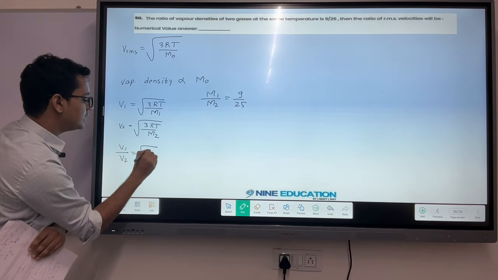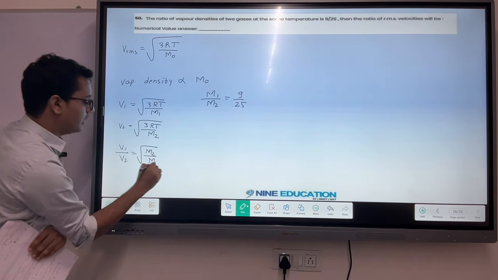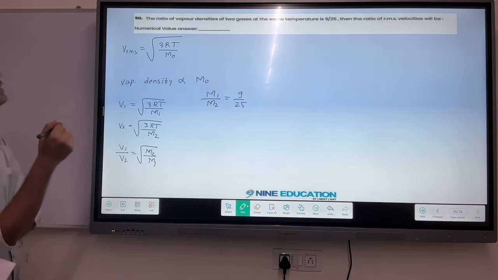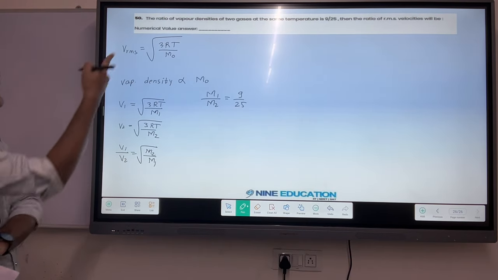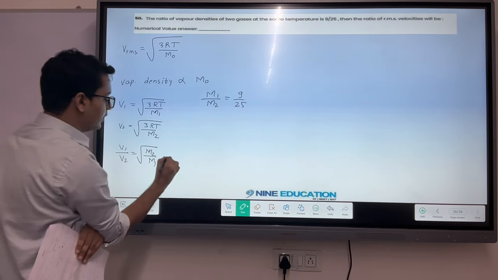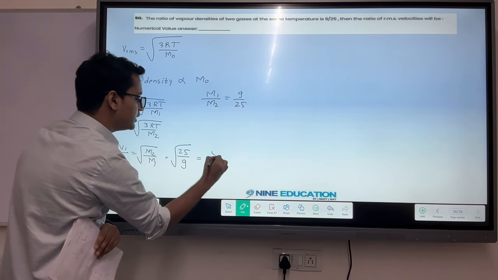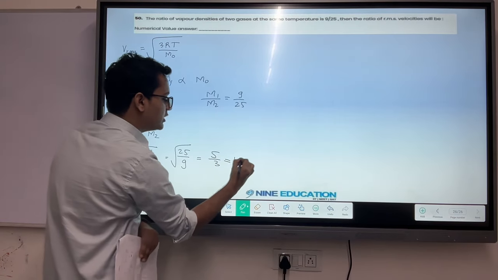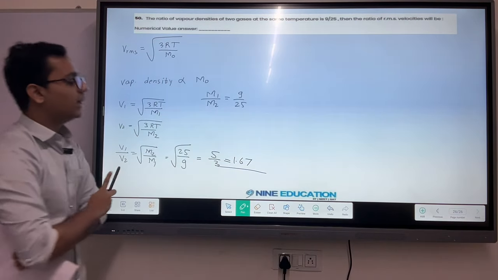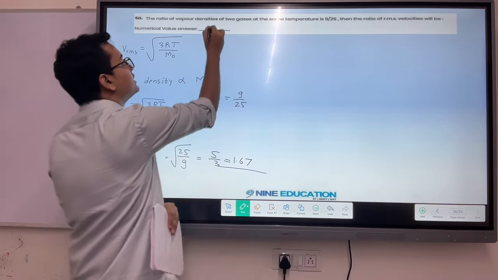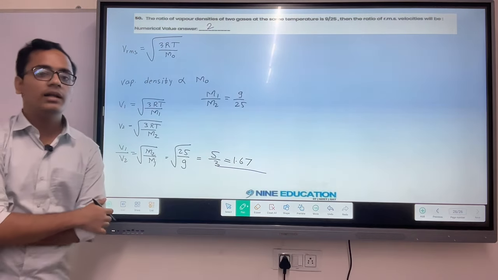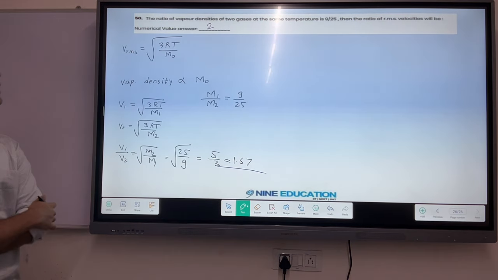V1 by V2 is basically square root of M2 by M1. It is mentioned, I believe, at constant temperature, at same temperature. Okay. So this is nothing but square root of 25 by 9, which is nothing but 5 by 3, which is 1.67. Okay. Closest answer to 1.67 is 2. Again the answer is 2. Okay. Clear?